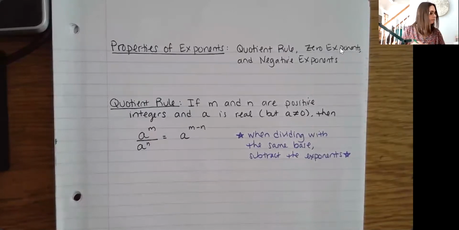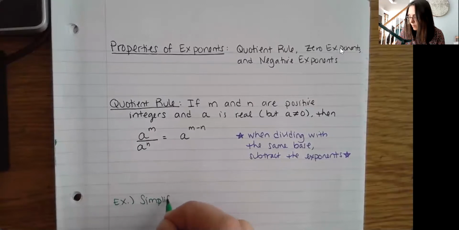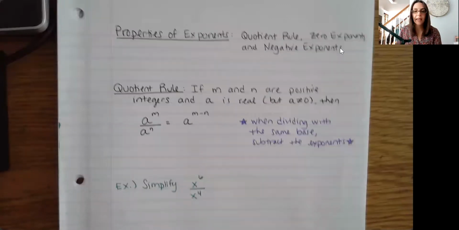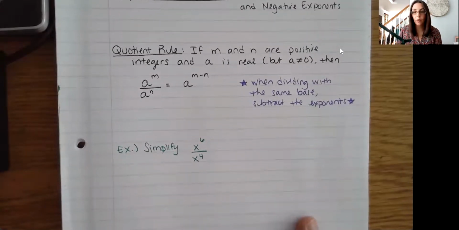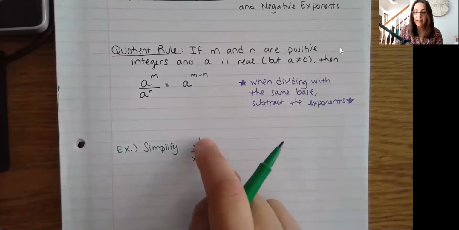Let's do example 3. And all of these are going to be to simplify. So let's do something like x to the 6th over x to the 4th. Notice that you're dividing here, you have the same base, and they have exponents.